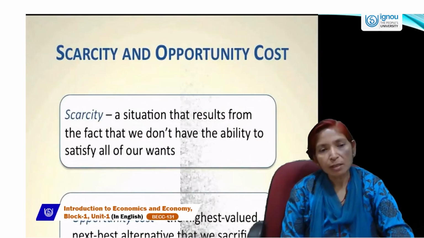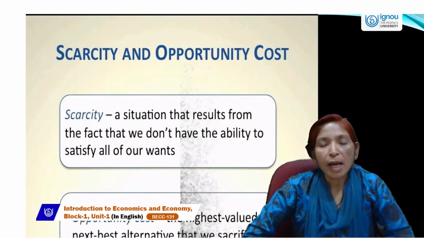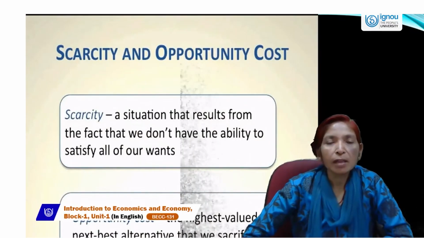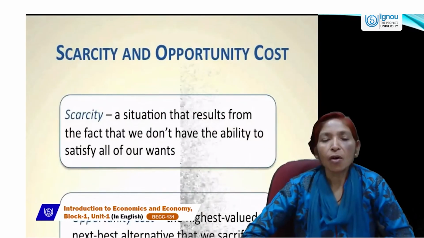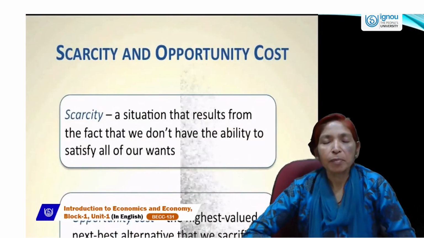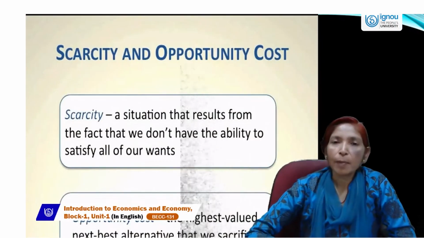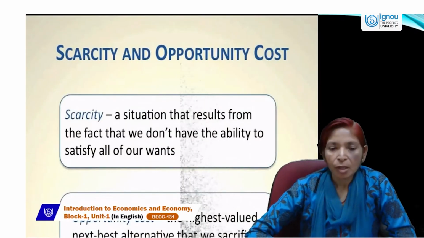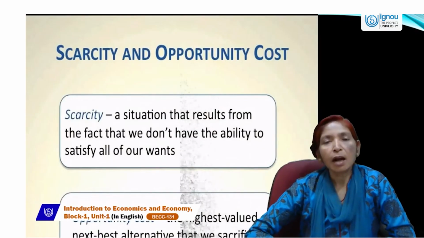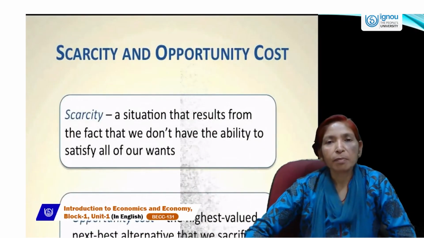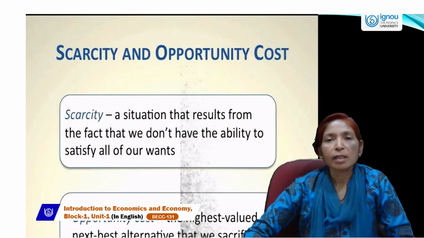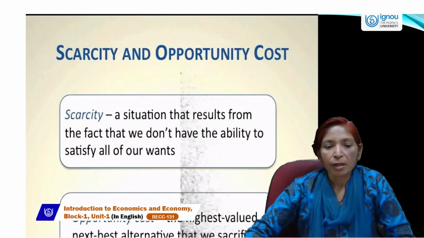Scarcity is a situation when we don't have the ability to fulfill or satisfy all the wants of the country's people. And opportunity cost is the next best alternative foregone. Opportunity cost is the highest valued next best alternative that we sacrifice.